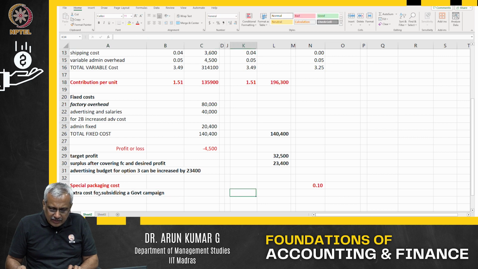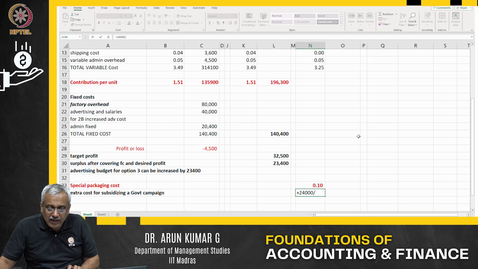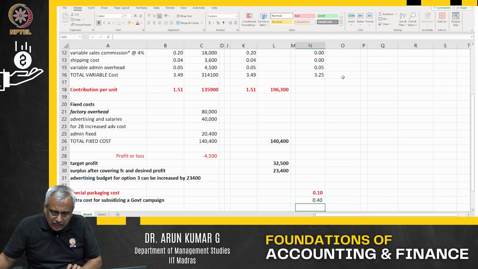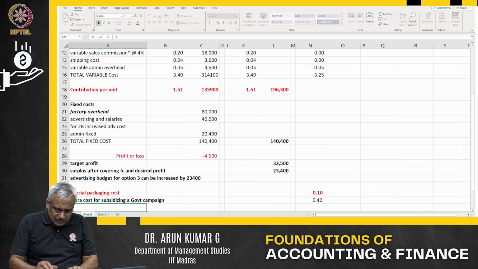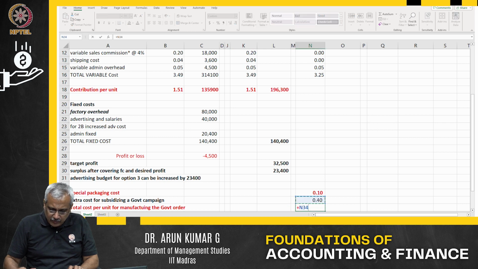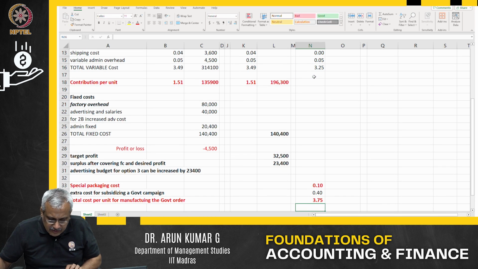The total cost is 24,000, which is going to be borne by 60,000 units, so it's about 0.4. So my total cost per unit for manufacturing the government order is going to be this plus 3.25. This is basically the cost.